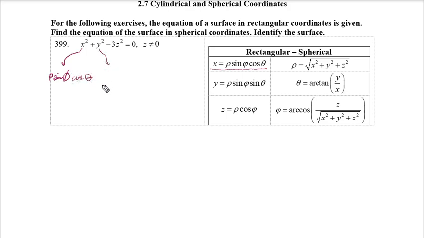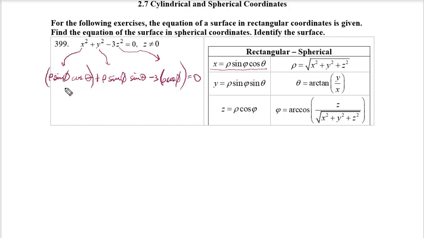Here's the y, which we will replace with rho sine phi sine theta. Here's the z, which we'll replace with rho cosine phi. So there we have all of the variables replaced.